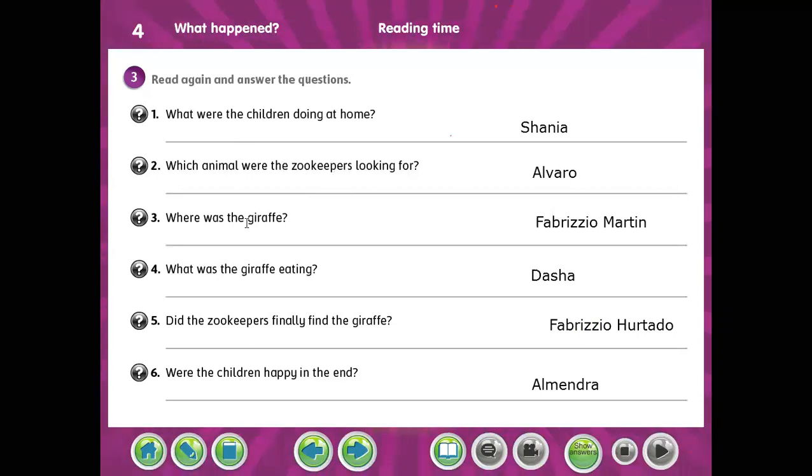What was the giraffe eating? Fruits? Vegetables? What is the question? Where? Remember what where means.